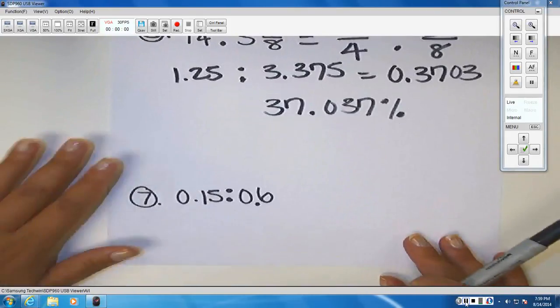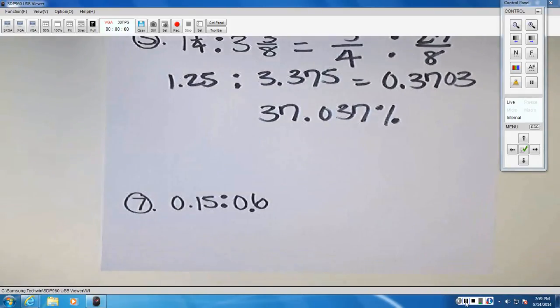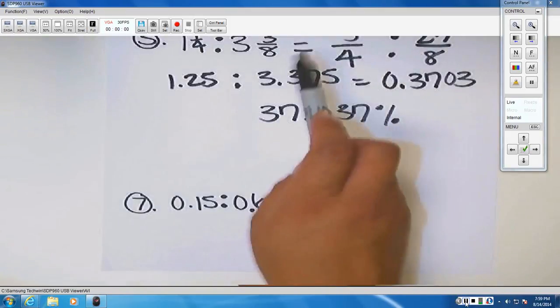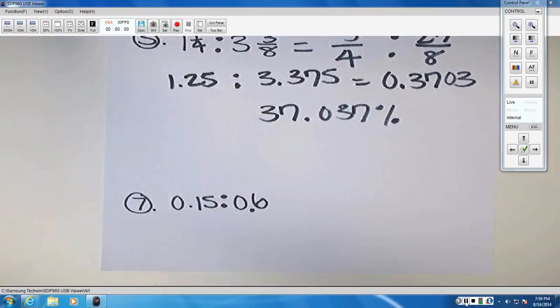One more. So number 7, we already have decimals here. So with number 7, let me flip my page here. We've got 0.15 is to 0.6. So up here, we were working so hard to get it to a decimal. Here, the decimal's given to us. So all we want to do is divide our first number by our second number.